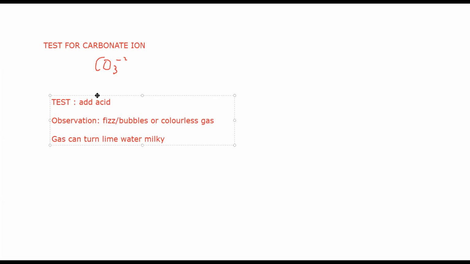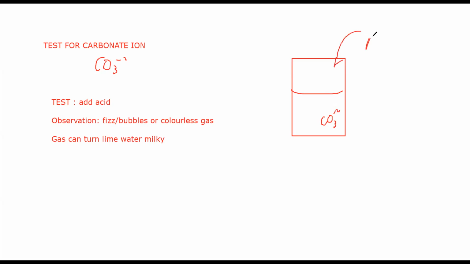So basically, whenever you have a carbonate, you can add any acid. Say I have a container with a salt, and in this container I may have any positive ion, but the negative ion is carbonate, CO3. So I will add an acid. When I add an acid, what is the observation?